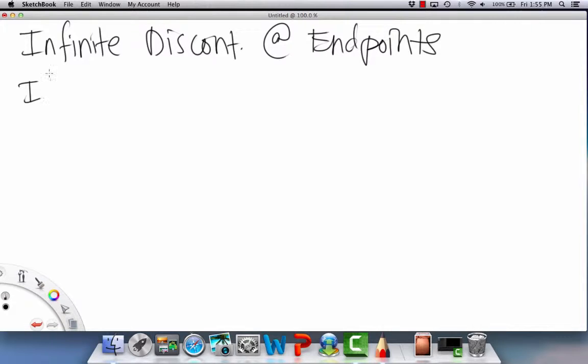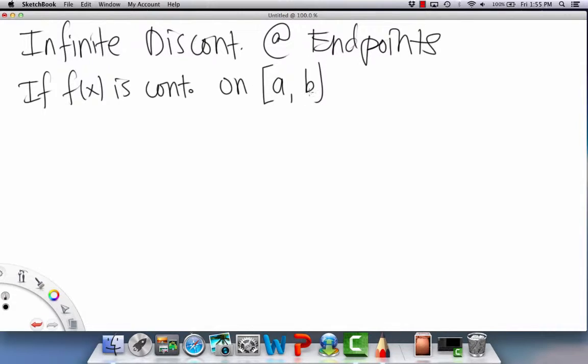So we have if f of x is continuous, and I'm just going to abbreviate here, continuous on, here's the interval, this is important, a has a closed bracket and b has an open one, and discontinuous at x equals b, that's why we have the rounded bracket, right?